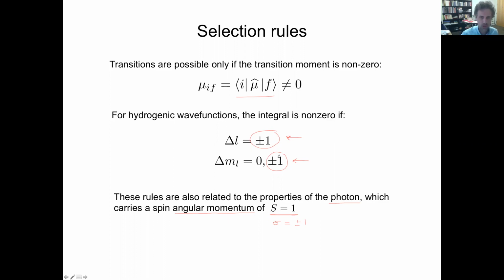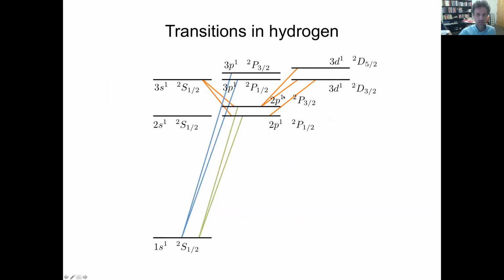So this is the physical origin of these so-called selection rules. Selection rules that say that if this is fulfilled, the integral above is going to be non-zero, and therefore the transition is allowed.